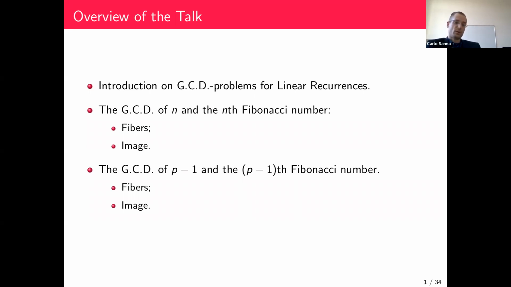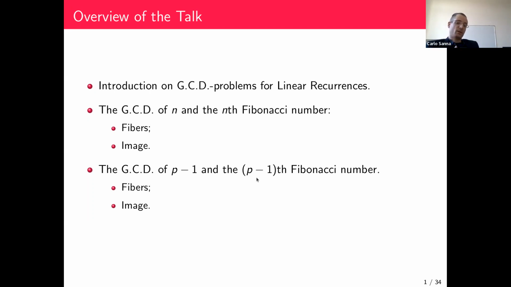In turn, this special case can be divided into two main themes, which are the theme of the fibers, as I call it, and of the image. Then I will talk about a variation of this problem, which is the study of the greatest common divisor of a shifted prime number and the corresponding Fibonacci number.